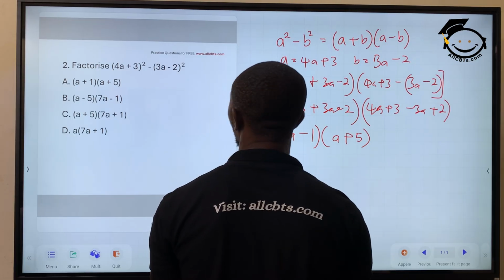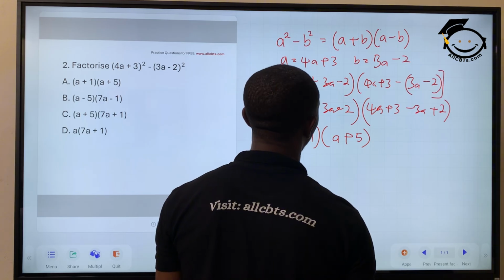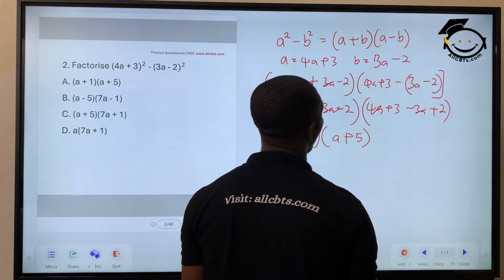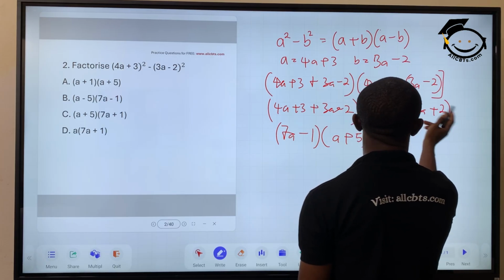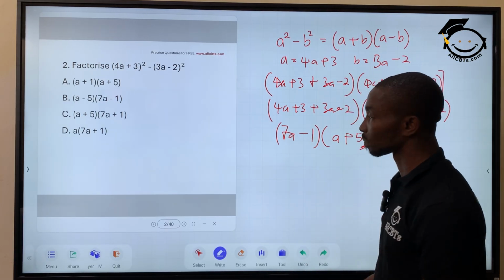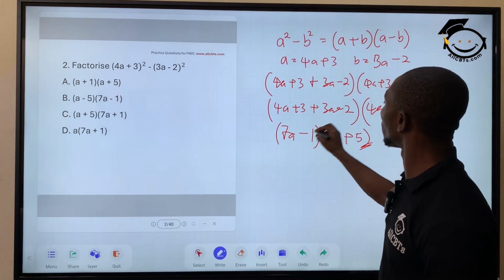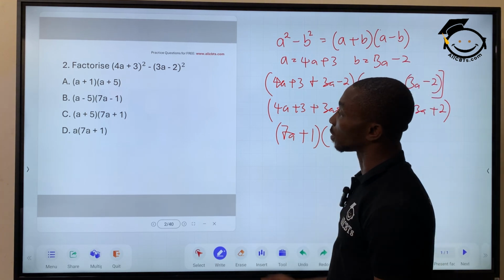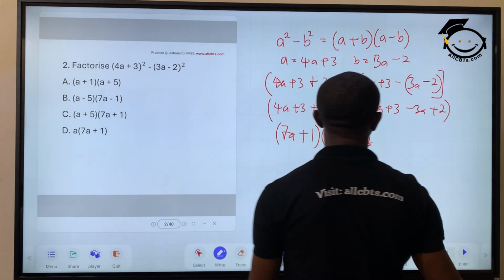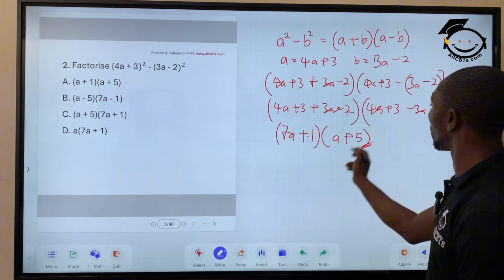So our answer will become 7a plus 1, a plus 5, which is option C, because 3 minus 2 gives us plus 1.